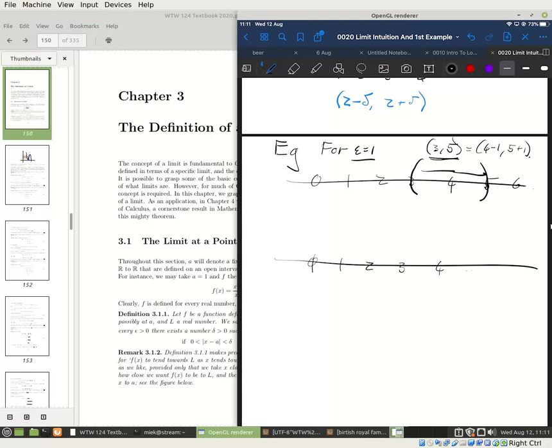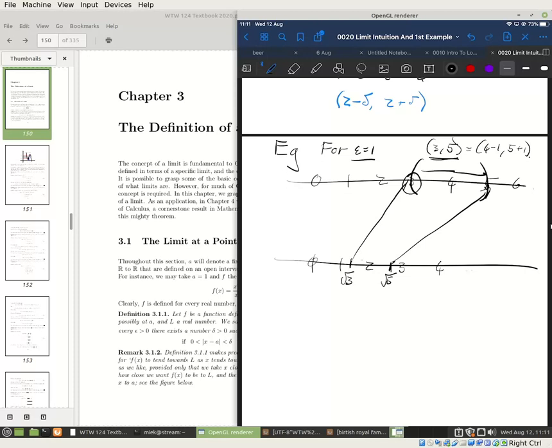And let's see, what will that be? Let's think about this a little bit. What goes to 3 here? The square root of 3 goes to 3 over there, and the square root of 5 goes to 5 over there.